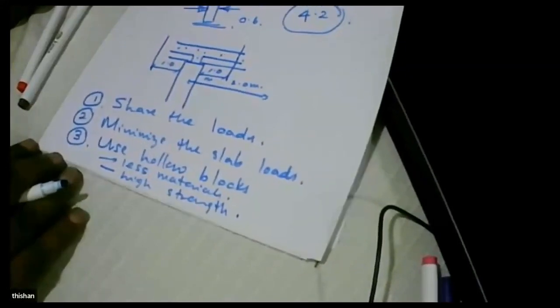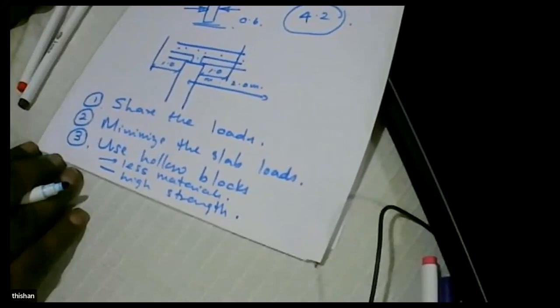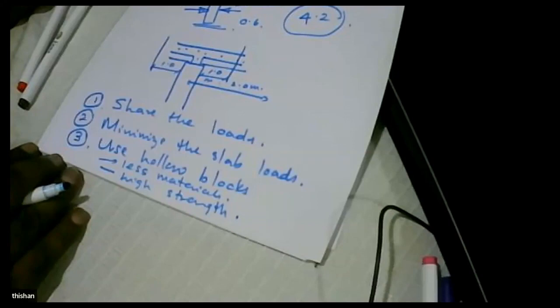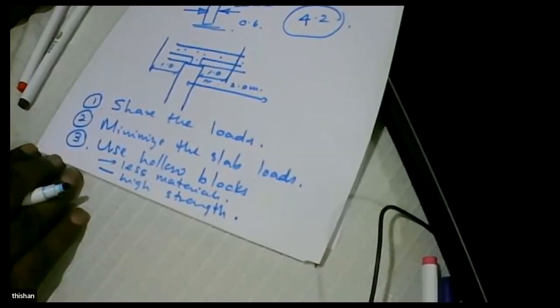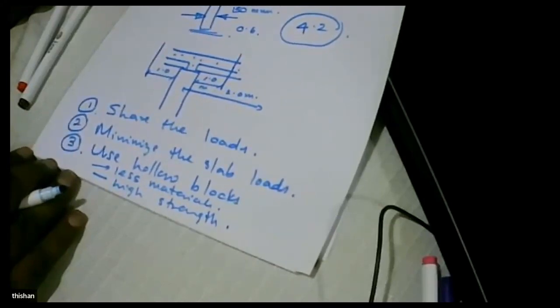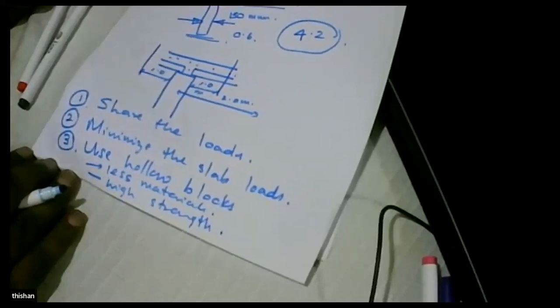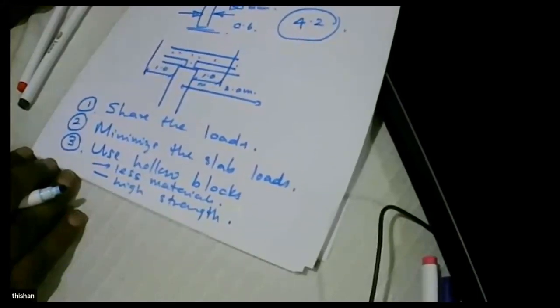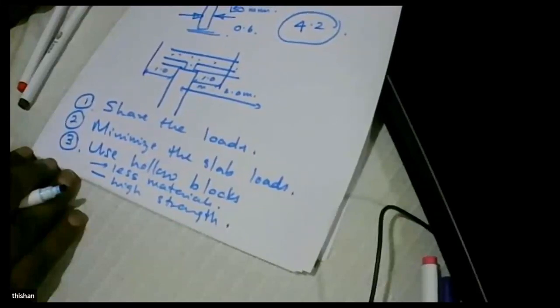So when you do all this, you can see the wall thickness can be reduced to 150 with significant savings on the wall construction, and also it's possible to go up to about 4 floors while having an overall factor of safety of about 4 for masonry.